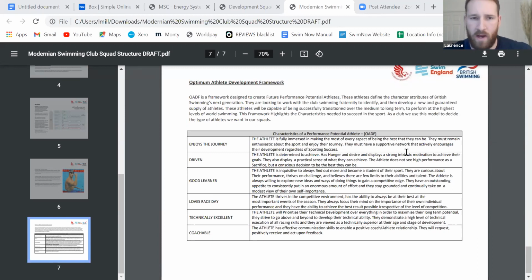Enjoying the journey. Being driven, so making sure the athlete's determined to achieve, has a hunger and desire, and displays strong intrinsic motivation, taking it on themselves to push rather than relying on a coach rallying them. Being a good learner.